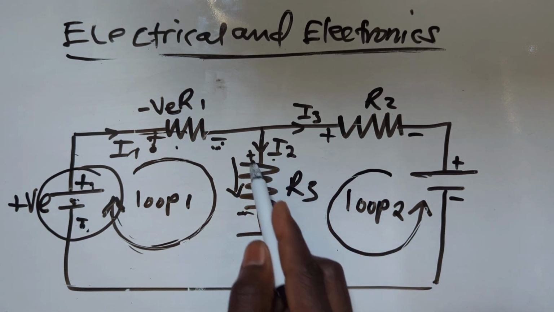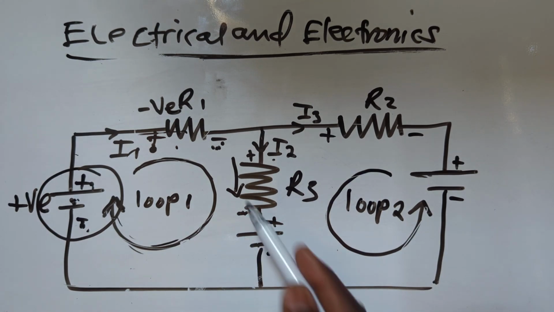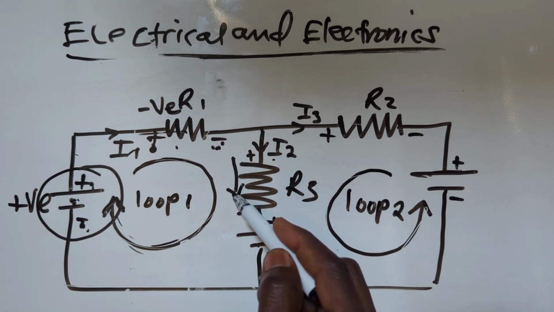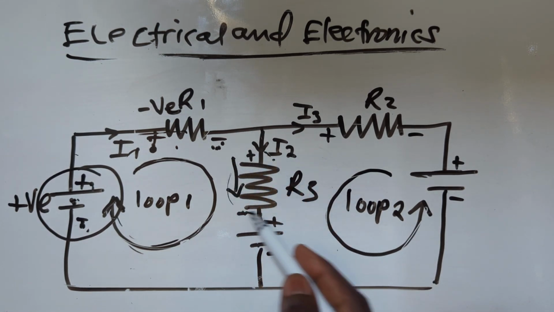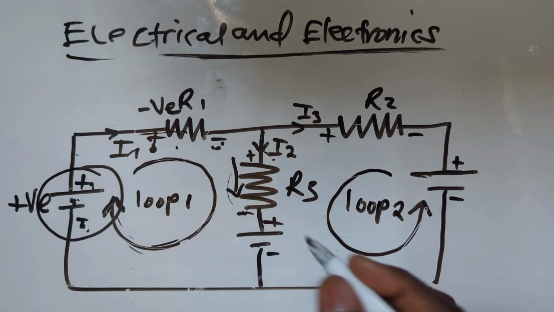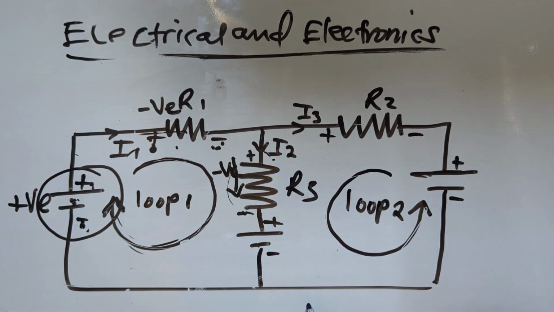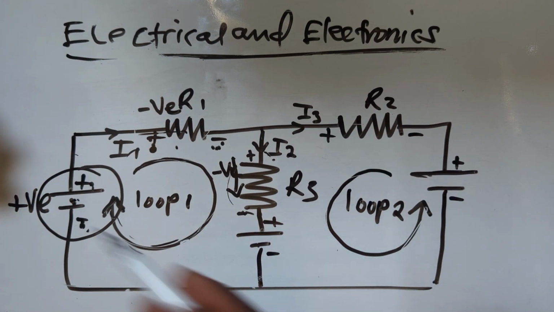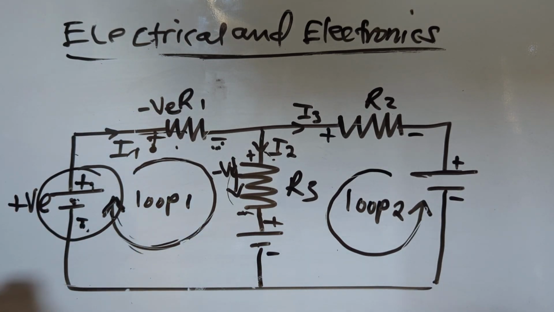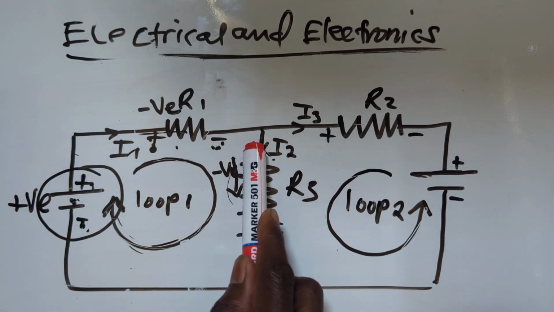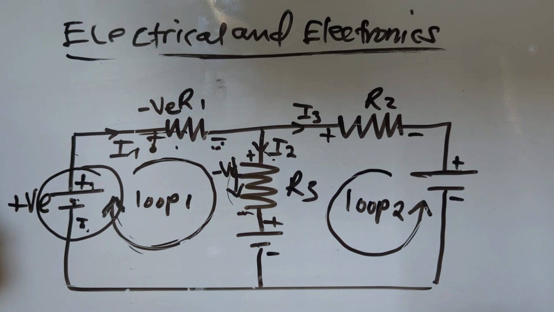Let's hope you remember how to assign these charges. We are moving from positive to negative, so the voltage across this given resistor is dropping. We need to have a negative voltage at this given point. Why? Because we are encountering the positive first, then we come to the negative. Same applies even to this.